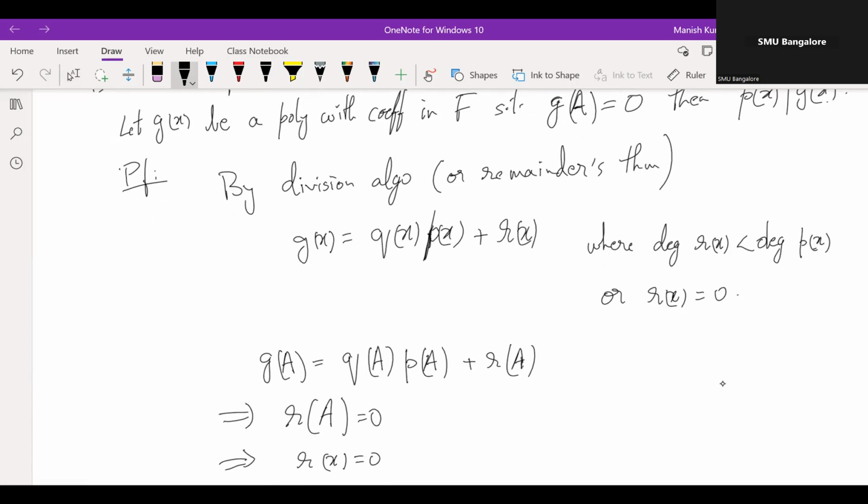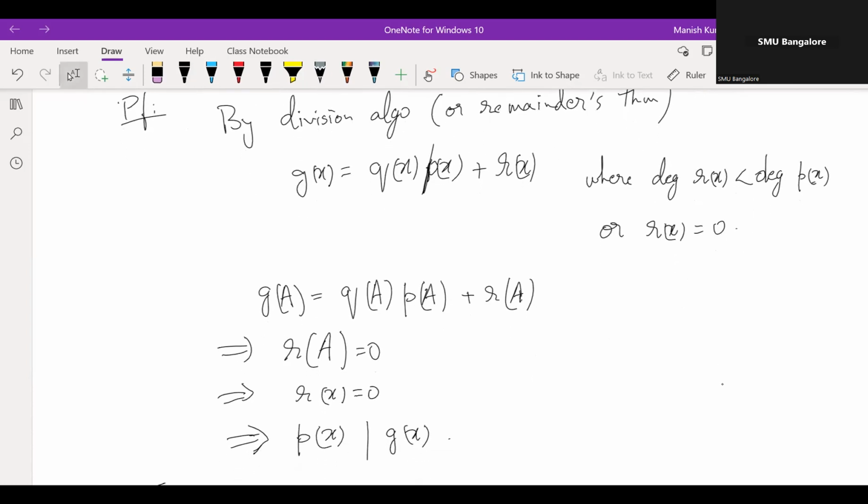That's not possible because here we are using that p(x) is the minimal polynomial of A. You can't have a smaller degree polynomial which is satisfied by A. So r(x) must be 0, which precisely means that p(x) divides g(x).